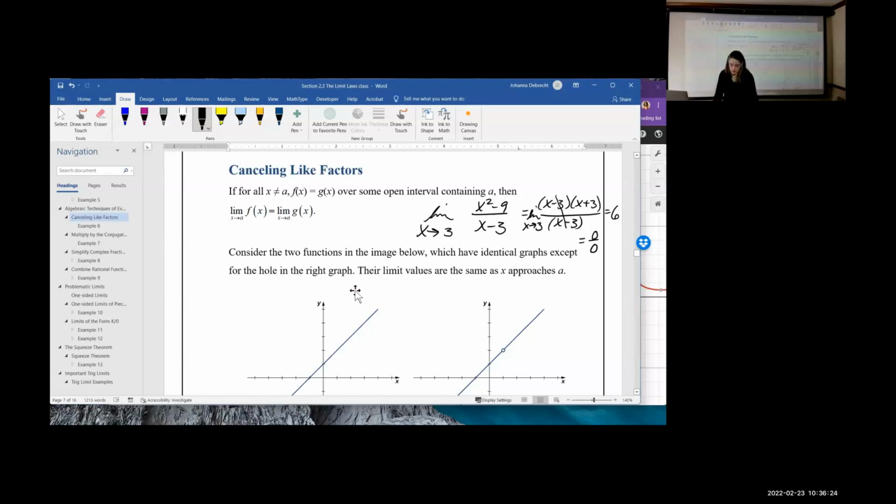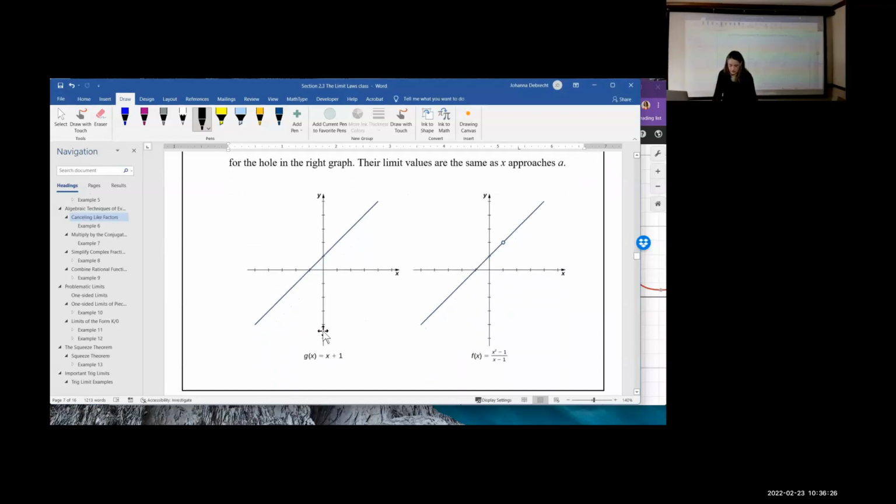All right. So these are the graphs of x squared minus 1 over x minus 1. And again, you can think of x squared minus 1 over x minus 1 as x minus 1, x plus 1 over x minus 1.